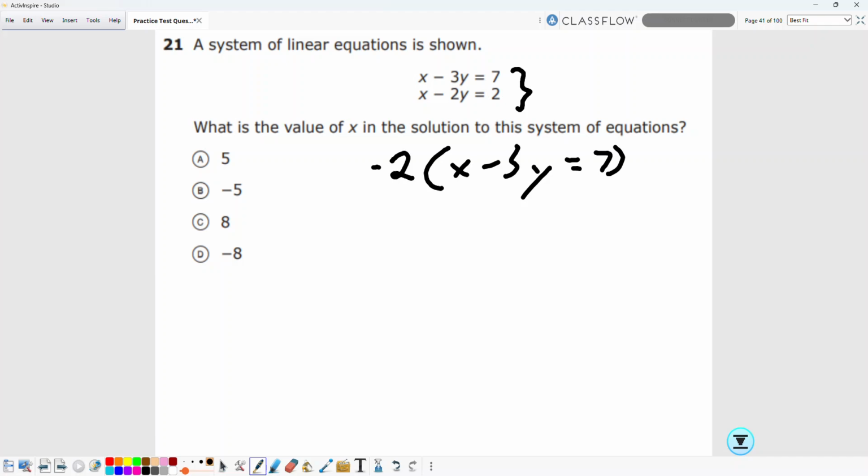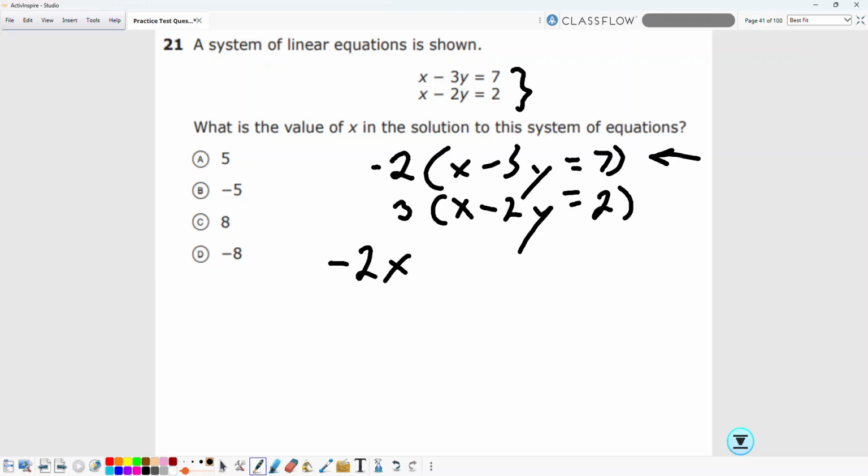All right. And then what I'm going to do is I'm going to take 3. I'm going to multiply that with x minus 2y equals 2. And so what I get if I multiply the first one, I'm going to get negative 2x plus 6y equals negative 14.